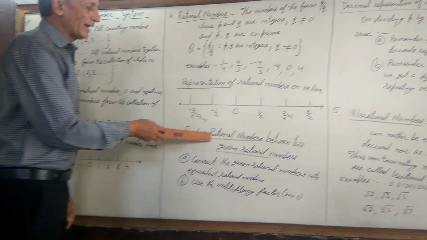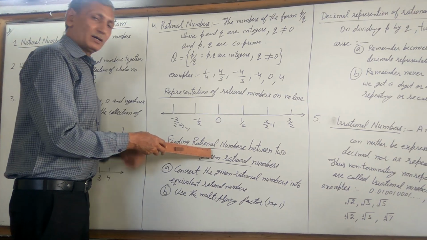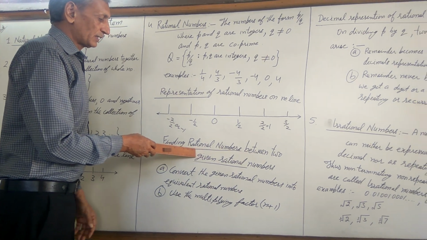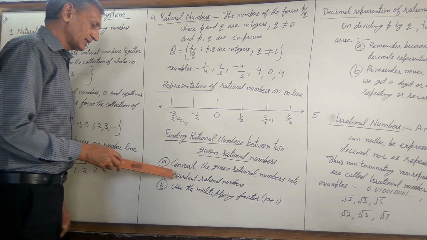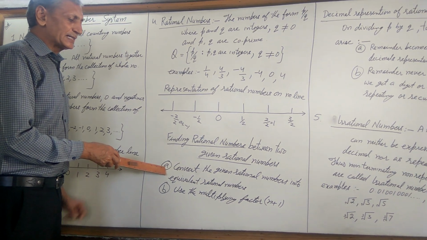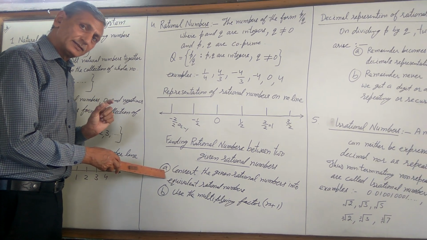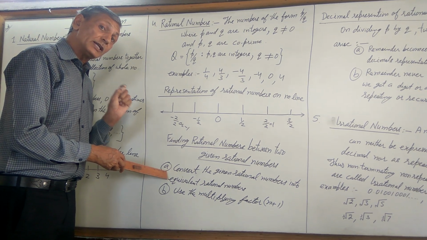If you have to find n rational numbers between two given rational numbers, then what you have to do is convert them into equivalent fractions.